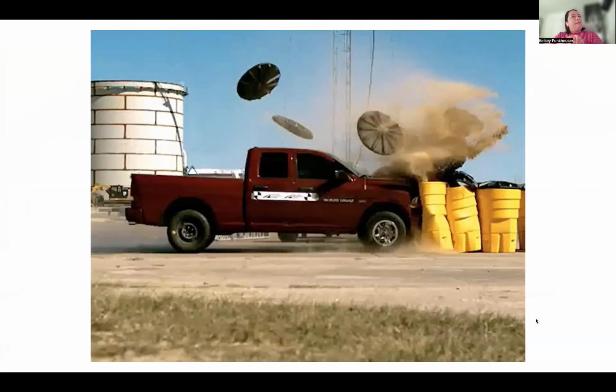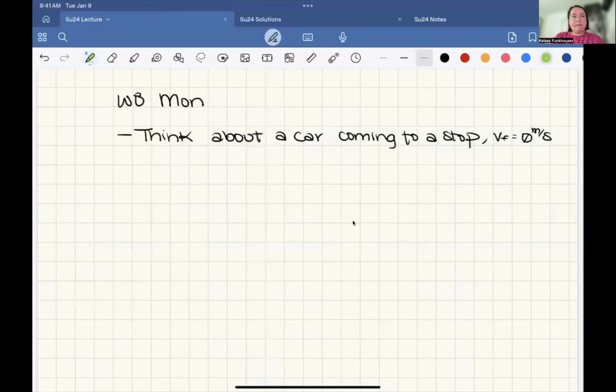Now I want to talk to you a little bit about collisions, but also cars and the water barrels, those big yellow barrels off the side of the highway. So we are going to talk about that a little bit. Okay, so how this is going to go, first we're just going to talk about this situation, and then I have an example to show you.